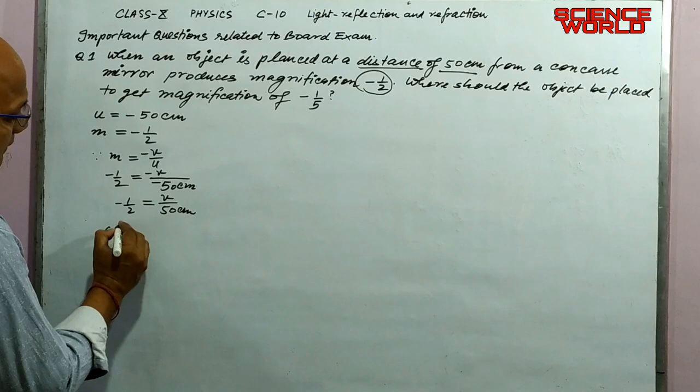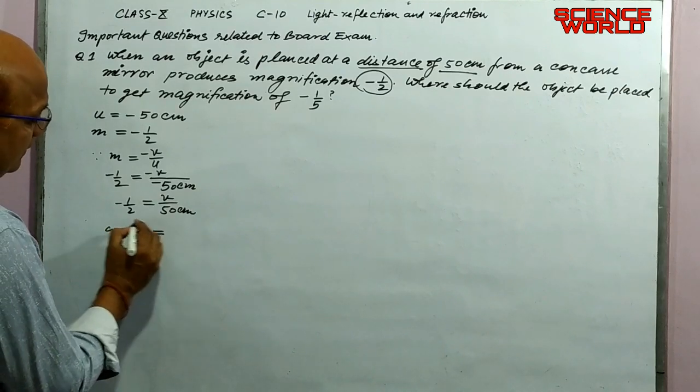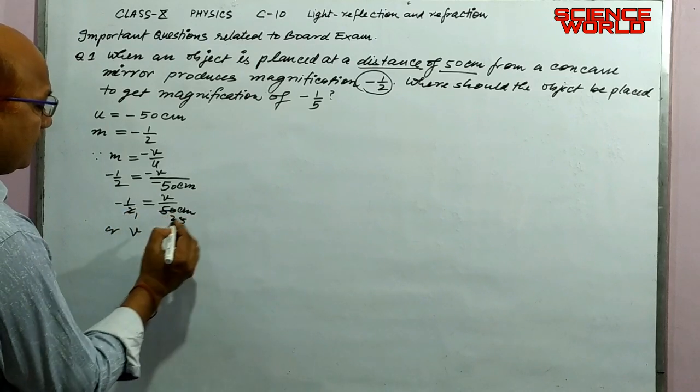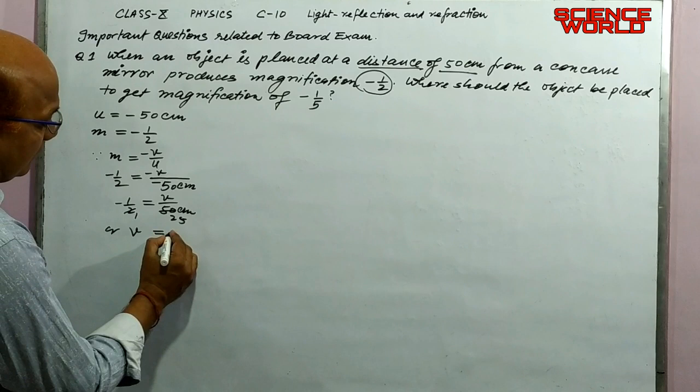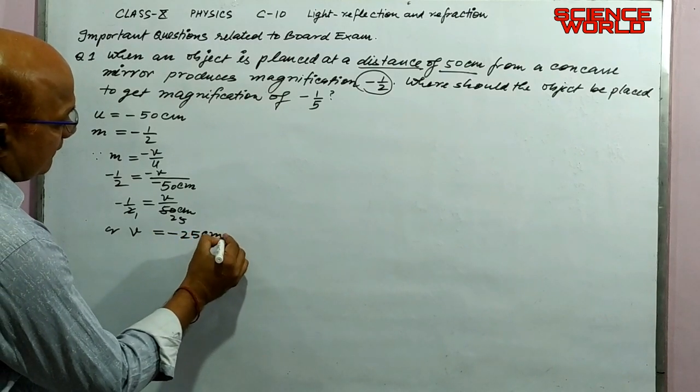Or v equal to, you can cancel it, 2 and 2, 25. So, v equal to -25 centimeter.